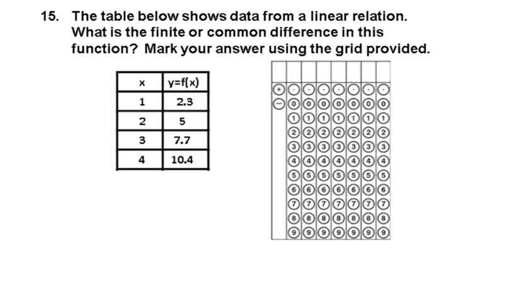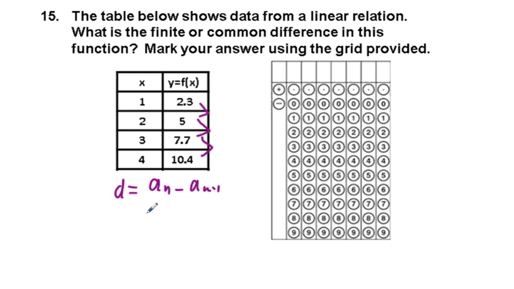Next, 15. The table below shows data from linear relation. What is the finite or common difference in this function? Mark your answers using the grid provided. Basically, our difference, and they tell you what it is. They say our common difference D is equal to A sub n minus A sub n minus 1.